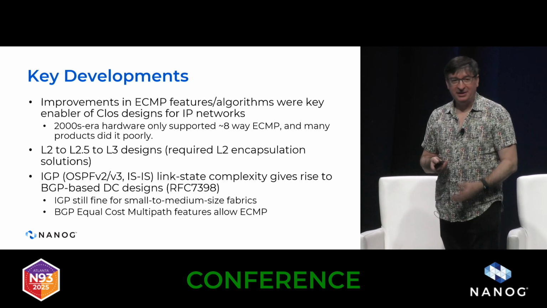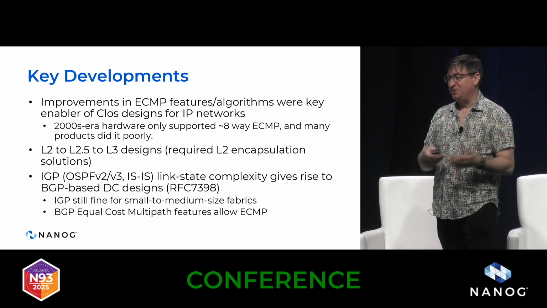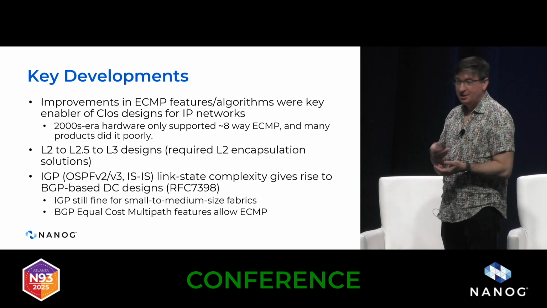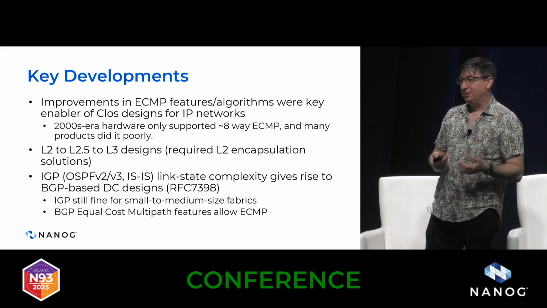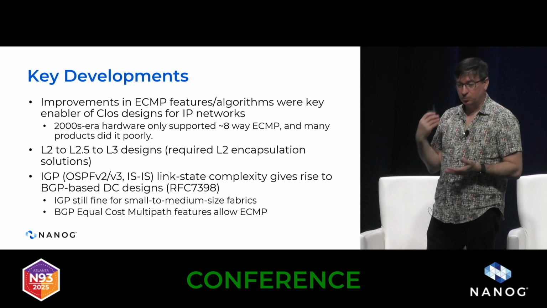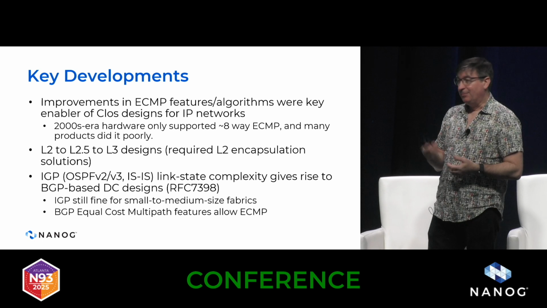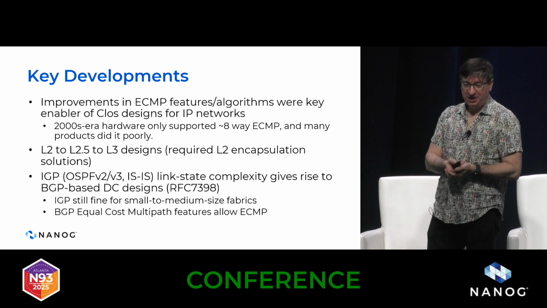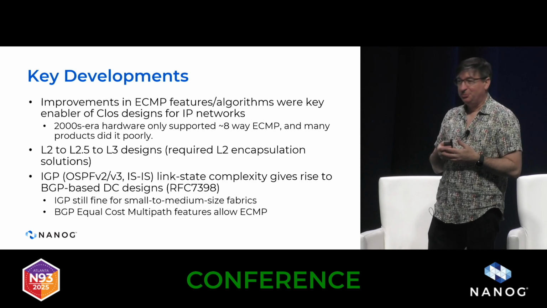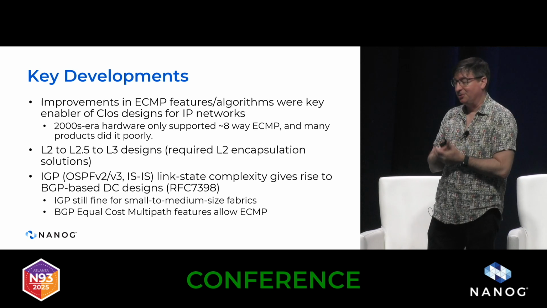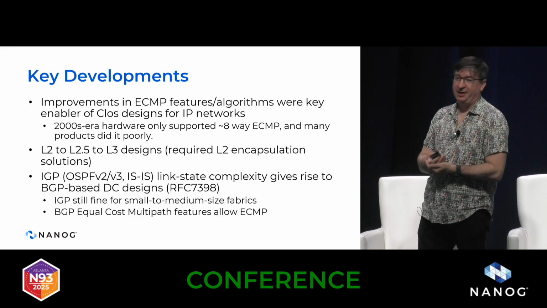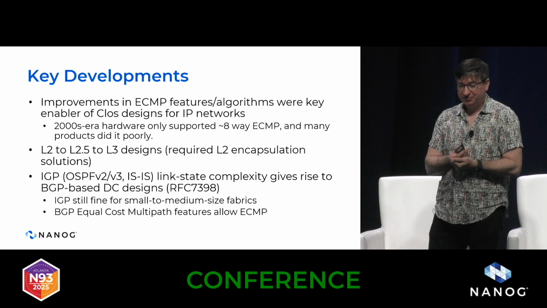Another thing that happened is that as data centers became larger and more complex, a lot of operators started to run into problems running IGPs, running OSPF or ISIS. Some more than others, depending on the design you picked. Multiple areas tended to get your IGP scale a lot larger than designs that stuck with area 0 for everything.